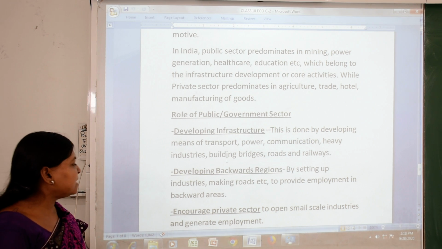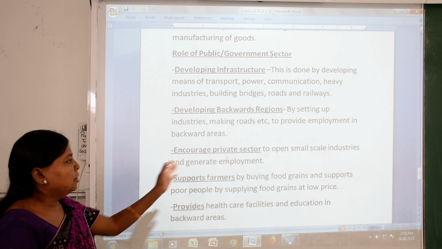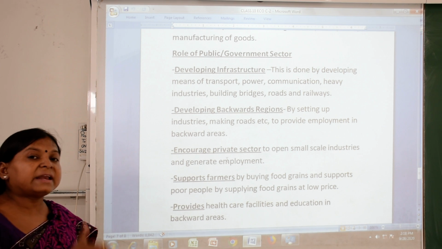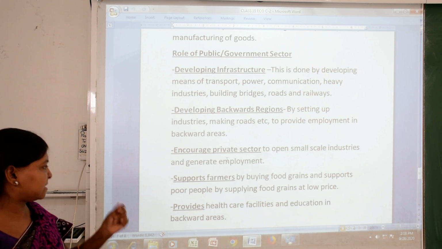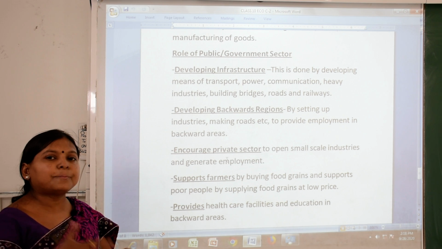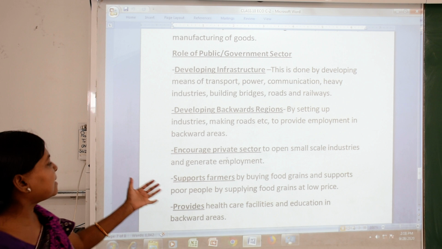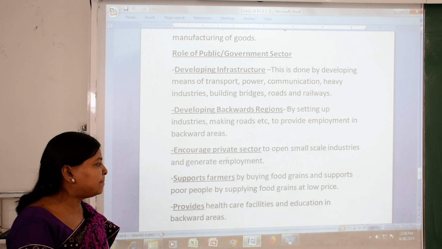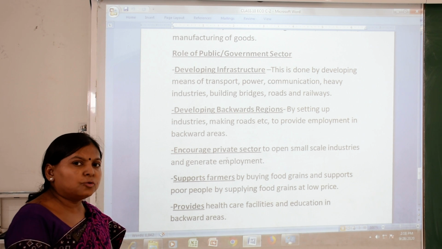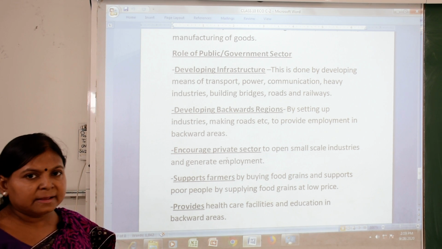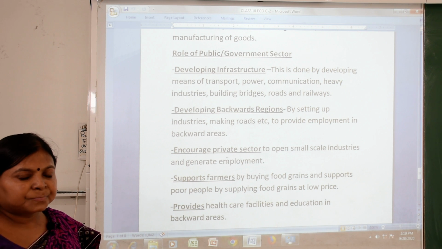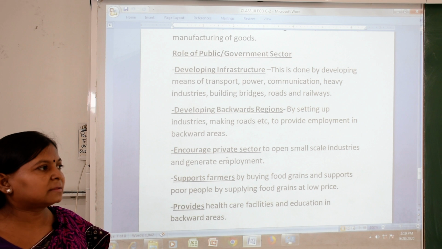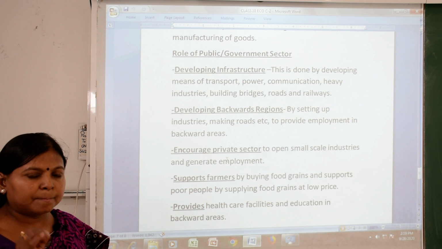Third, encourage private sectors to open small scale industries, which generate employment in that area. Next, support farmers. How? They support farmers by buying food grains, and support poor people by supplying food grains at low prices. In class 9th you already studied BPL, and how people get these grains at low prices through the ration card.